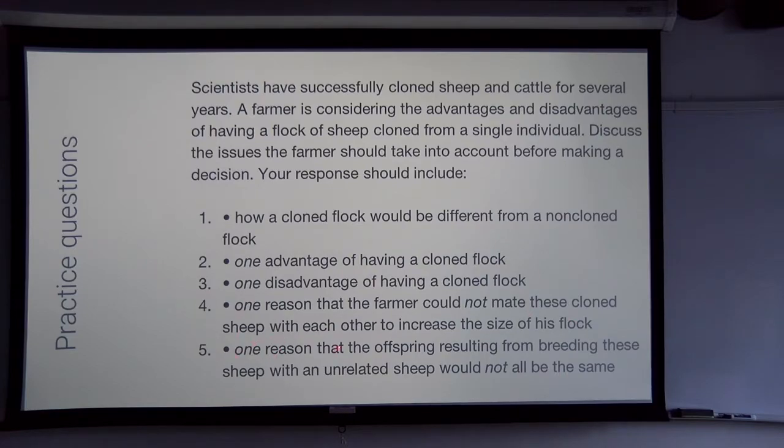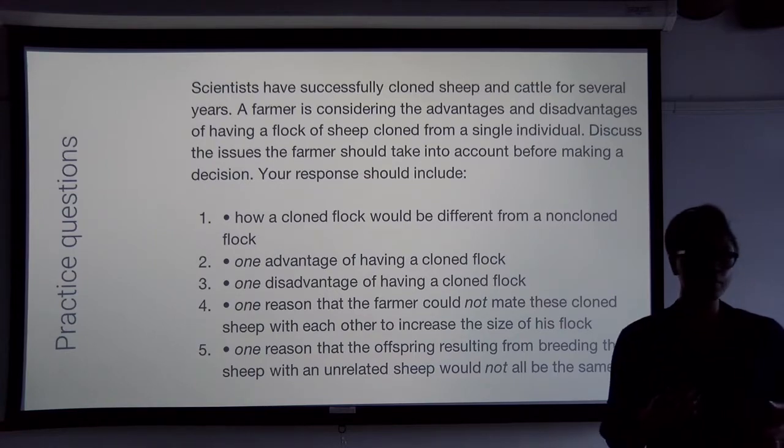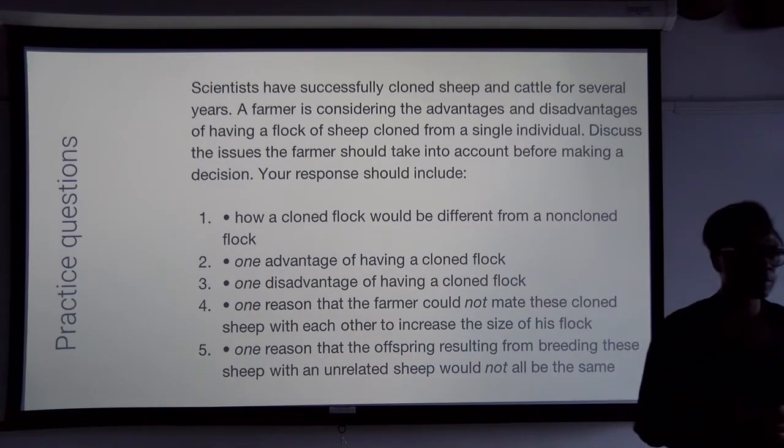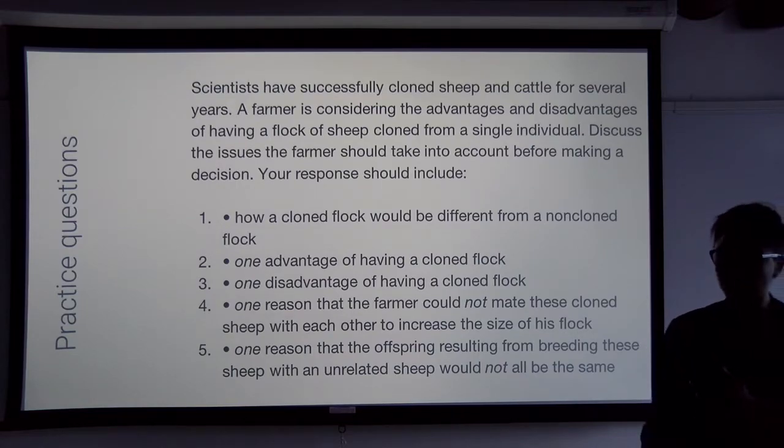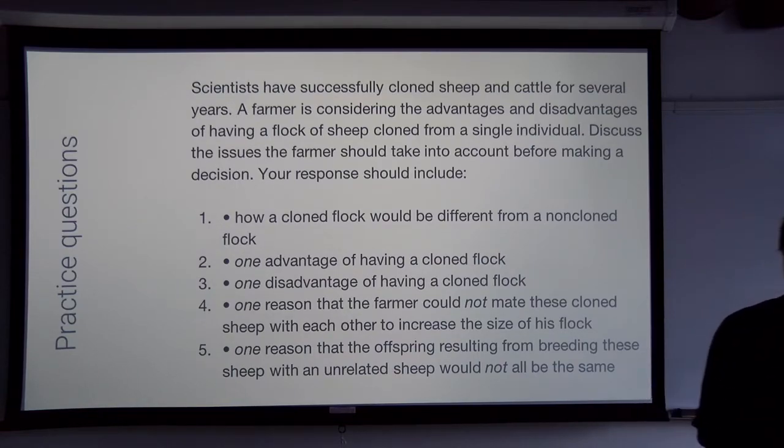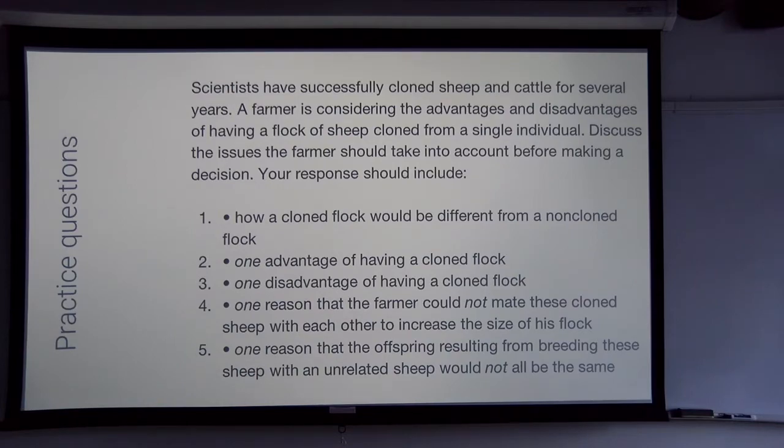Last one, give one reason that the offspring resulting from breeding these sheep with an unrelated sheep would not all have the same information. So this is a little bit more detailed than the questions that we've been doing before. It's going to take a little more thinking. You're going to have to connect previous information to what we're learning now. I'm going to give you some time to think that through. This is at the bottom of page 5.